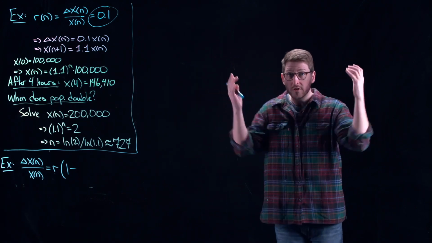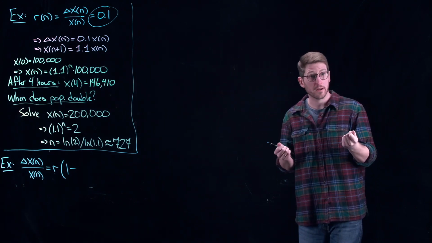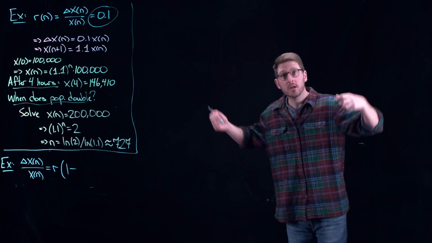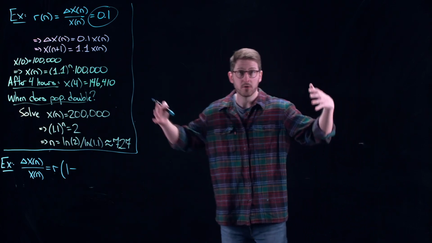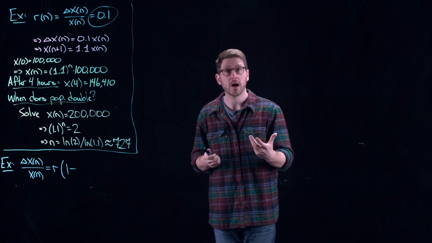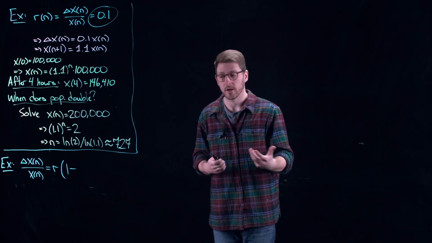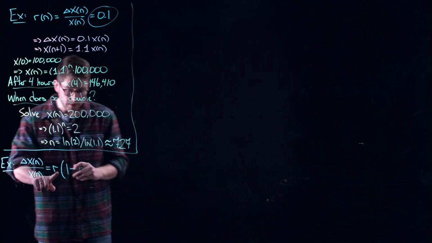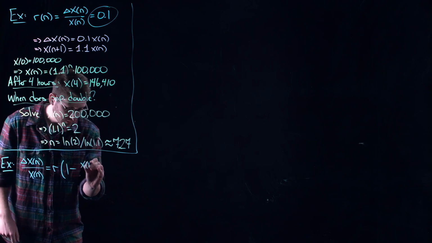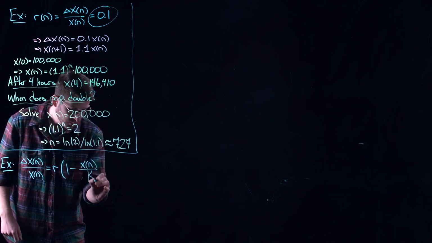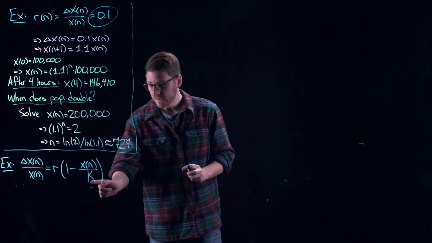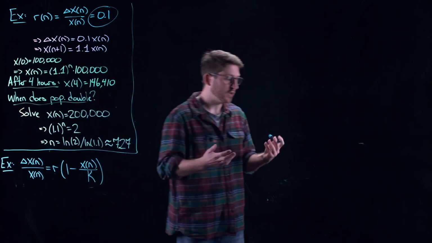If the population is so large that you have overcrowding, right? People are on top of each other, nobody can move, then nobody's reproducing anymore. And in fact, you're sort of dying out. You're competing for resources so much that there's just not enough for everybody. So in this case, you have a constant growth rate, but this constant growth rate is adjusted according to your current population. So in my case, K is what's known as the carrying capacity.